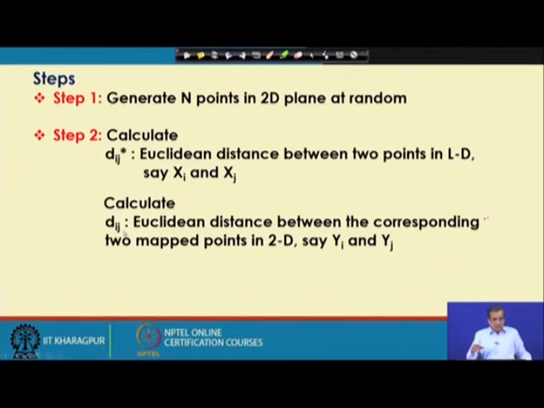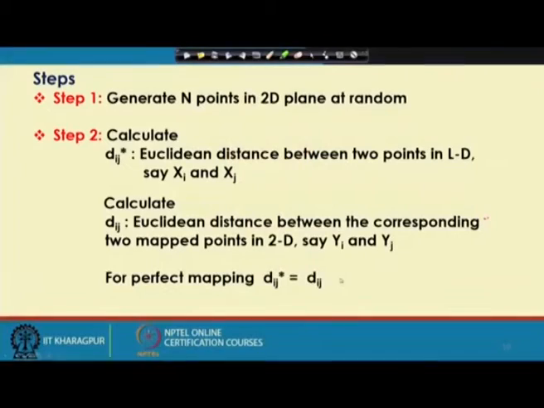So, we have calculated the Euclidean distance between 2 points in higher dimension, which is known, and we have also calculated the Euclidean distance between the two corresponding points i and j in lower dimension. For perfect mapping, d_ij star will be equal to d_ij, but as the data points in 2D are generated at random, there is no guarantee that you will get the perfect mapping.